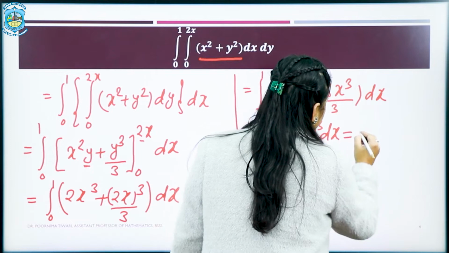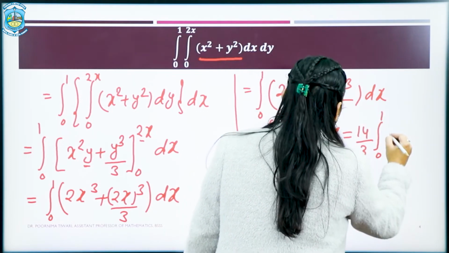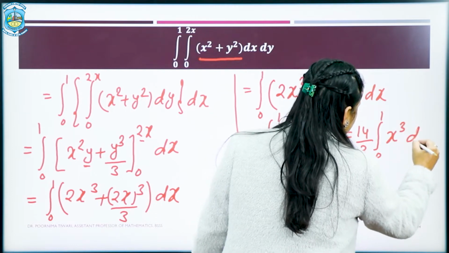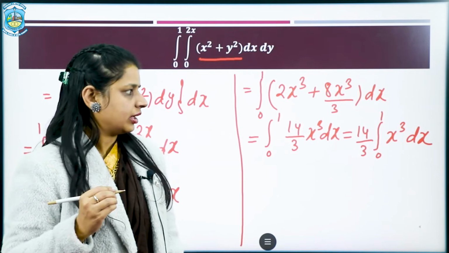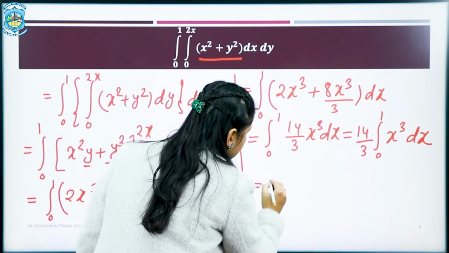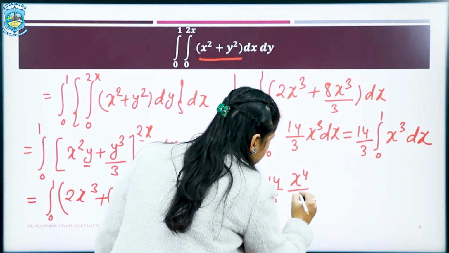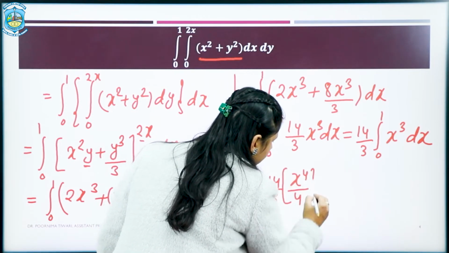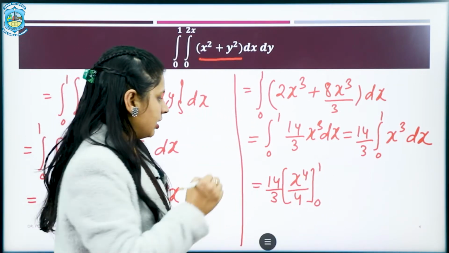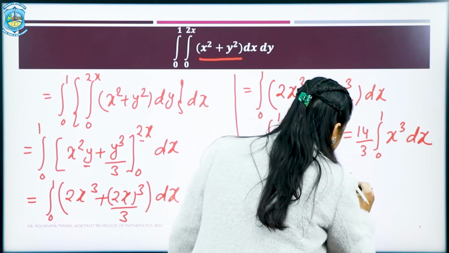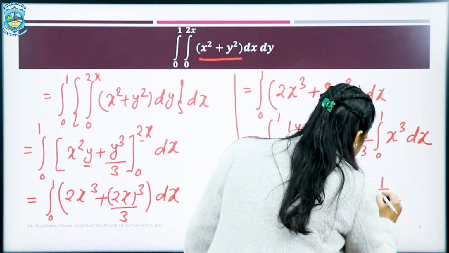14 by 3 is a constant, so we will integrate only x cube with respect to x for the limits 0 to 1. The 14 by 3 stays as it is, and the integration of x cube is x to the power 4 by 4. We apply the limits 0 to 1 and we get 14 by 3 into 1 by 4.